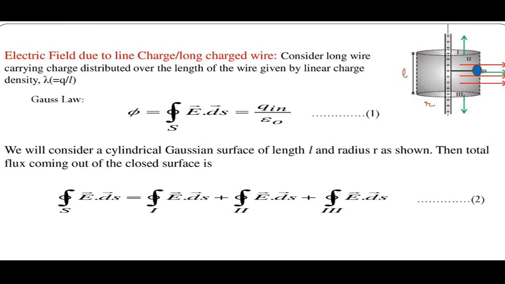As you can see, I have drawn an imaginary cylinder of length L and radius R around this linear charge distribution. Now this cylinder has three surfaces, 1, 2 and 3. Here the red arrows are giving the direction of the electric field emerging from the positive charges. I have shown the electric lines of force only on one side, but it will be the same on the other side also.